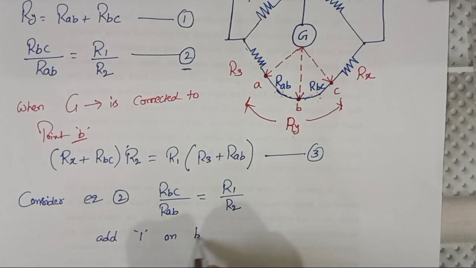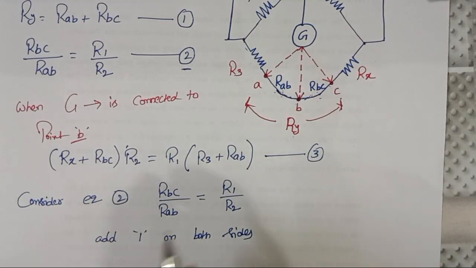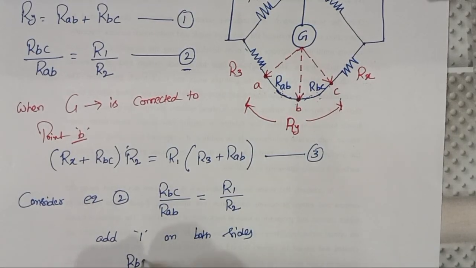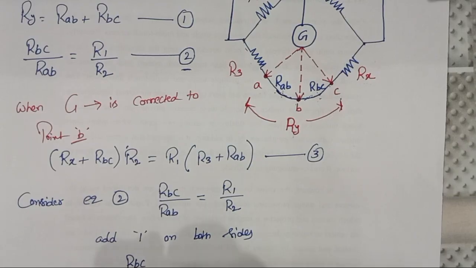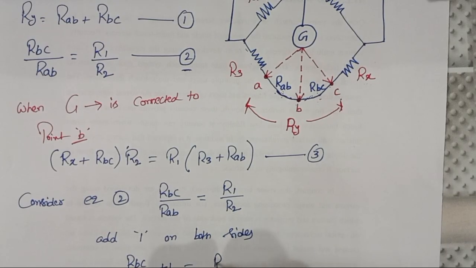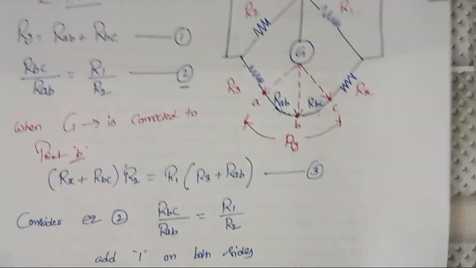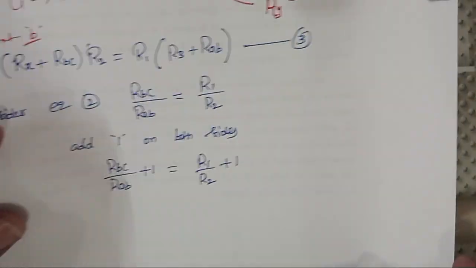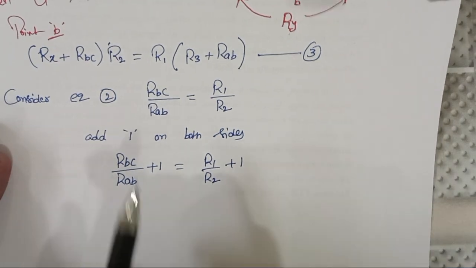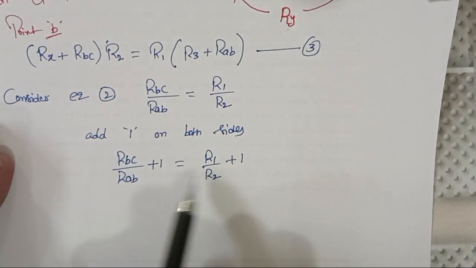That means RBC by RAB plus 1 equals R1 by R2 plus 1. I added 1 on both sides of this equation.